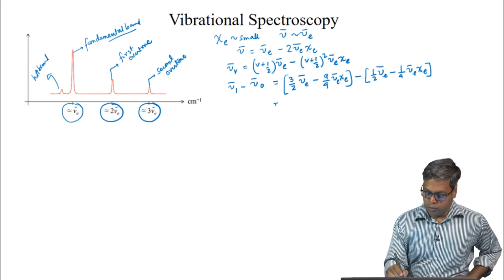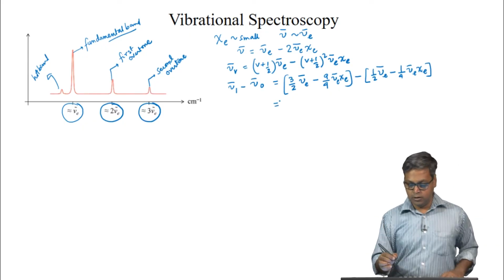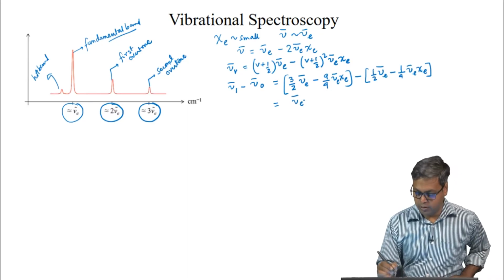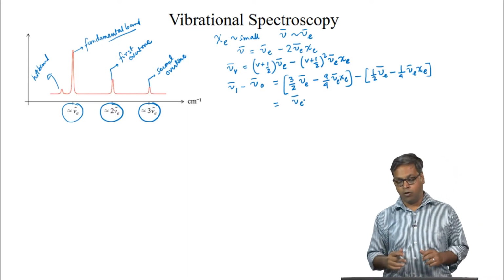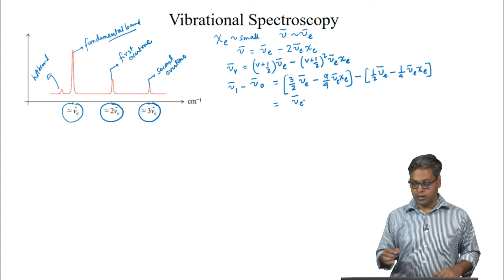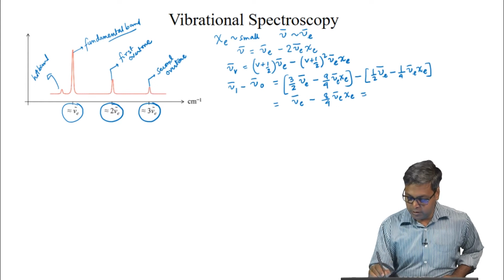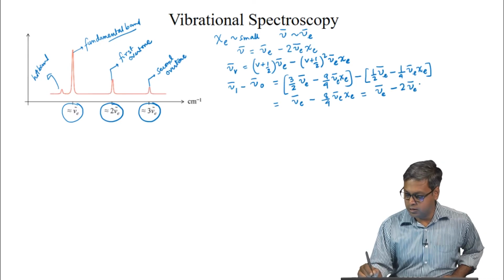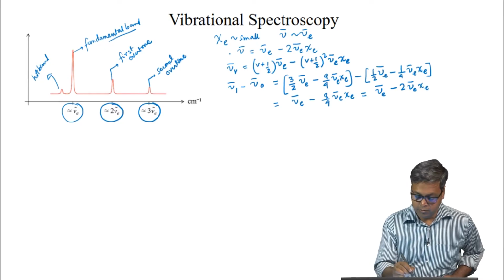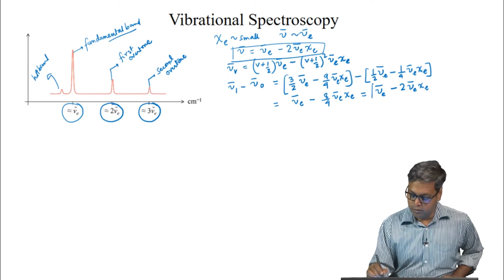If we put all the terms with nu bar E together, what we have is nu bar E, and if we collect all the terms with nu bar E chi E together, what we have is minus 8 by 4 nu bar E chi E. So, this becomes nu bar E minus 2 nu bar E chi E. This is the same expression that we have written before.